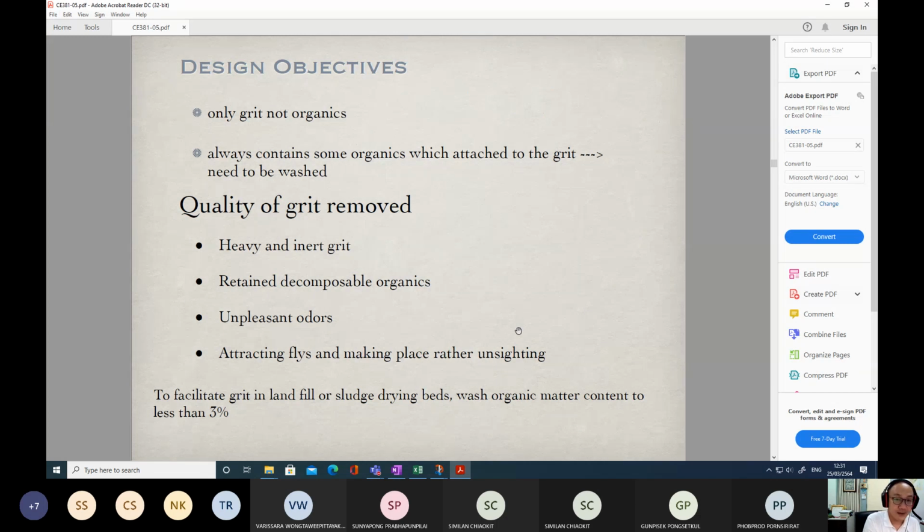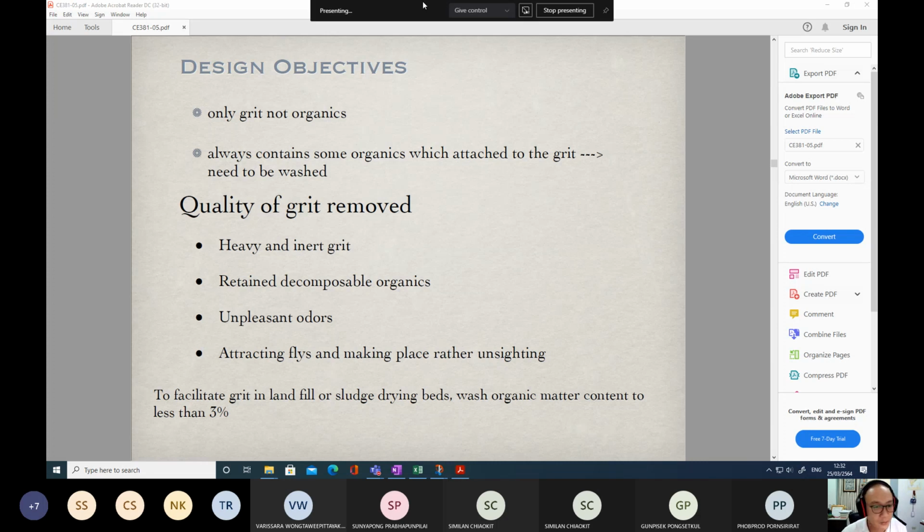Although the organic substance may come in solid forms, the objective of the grid chamber is only for the removal of sand and gravel particles, not the organic compounds. So if you want to remove the organic substance, probably we need another type of unit operation.